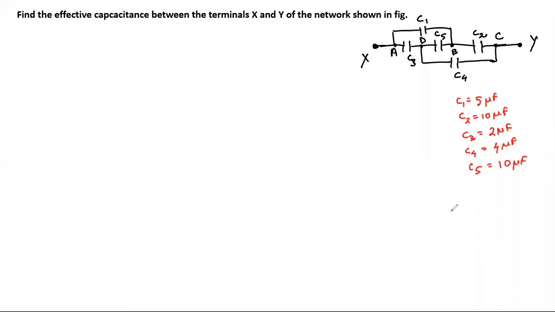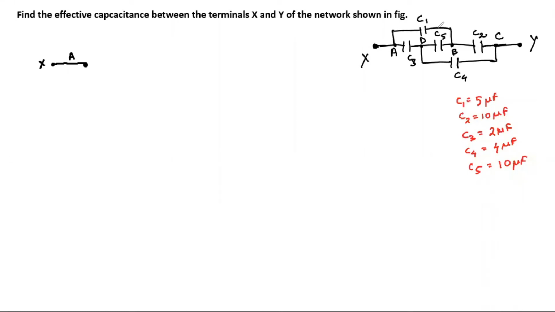Now if you see this arrangement, we are going to redraw it first. How are we going to redraw this? First, we are going to extend from this point X. Let's say this is my point X. This is the branch which is going from this point S, and it is leading to this point A. And this point A is divided in two parts.